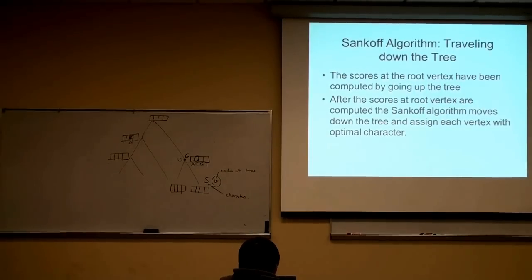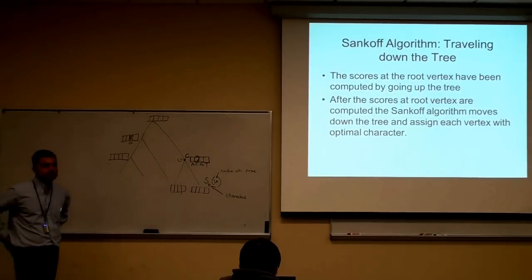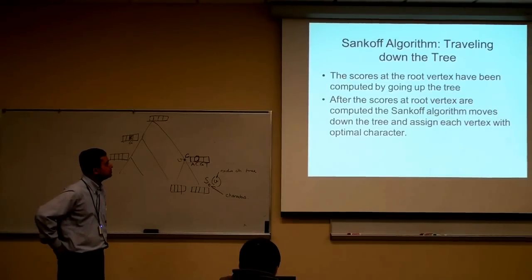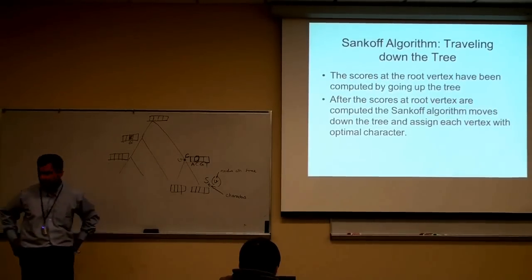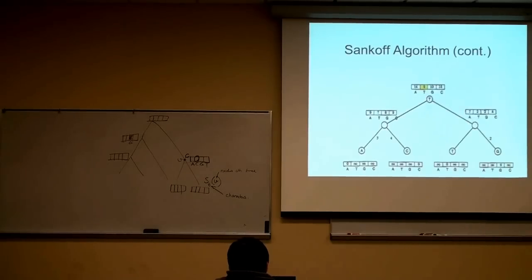This is called the Sankoff algorithm. And this slide just describes how you do the trace back and go down the tree and fill in each node, to actually make the optimal choice for each node.